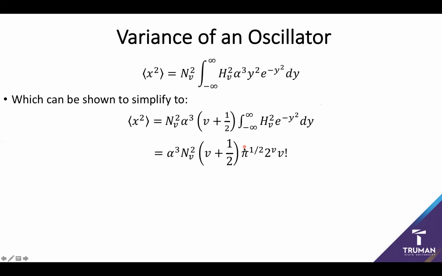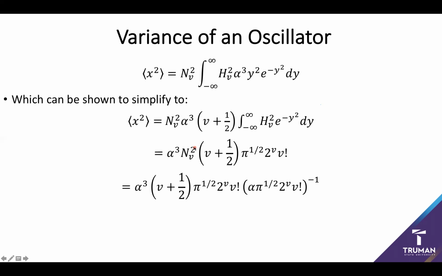So this gives us a general solution of v plus 1/2 times the square root of pi times 2^v times v factorial. Now, the reason that this expression, as weird as it is, should look familiar is because it's what we got when doing our normalization constant.